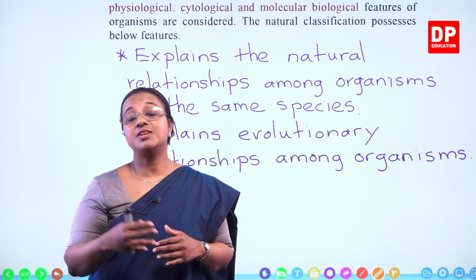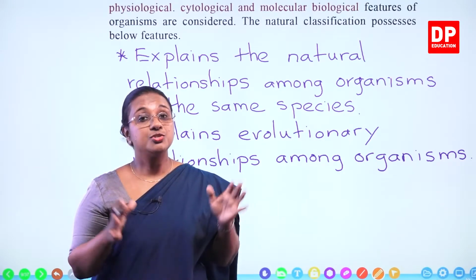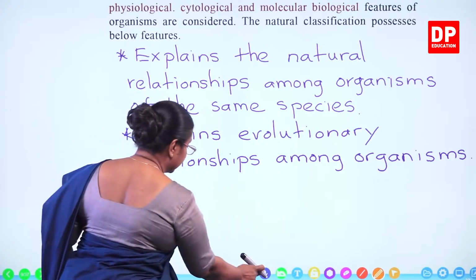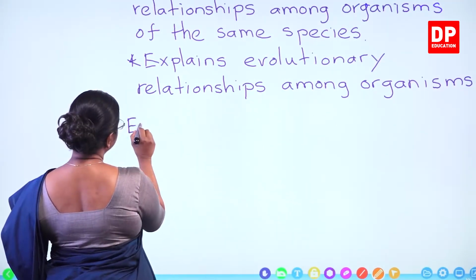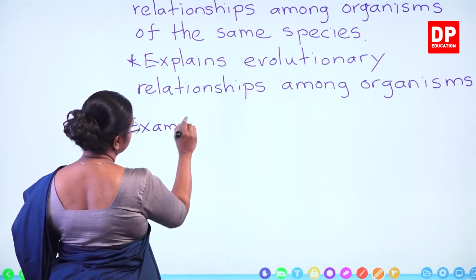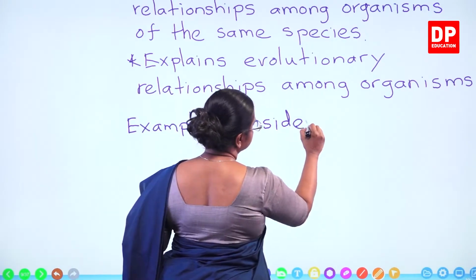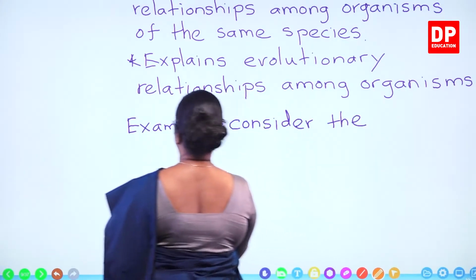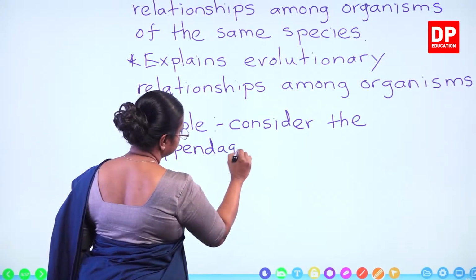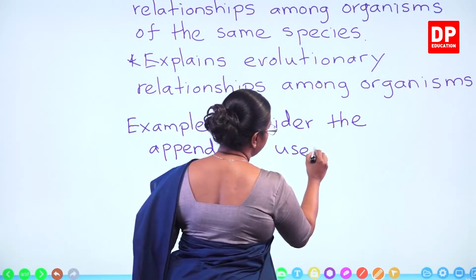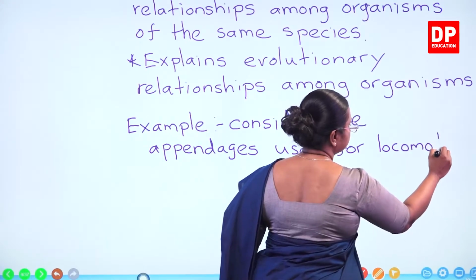So that explains the evolutionary relationship. So as an example, we can consider the appendages used for locomotion.